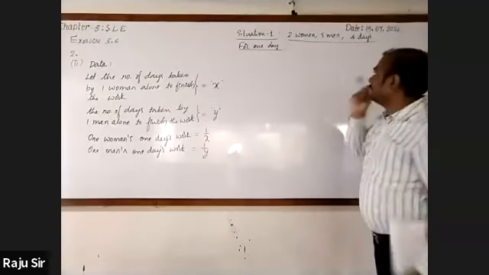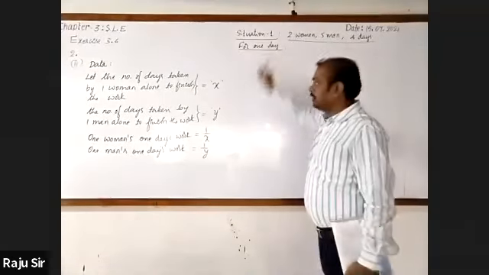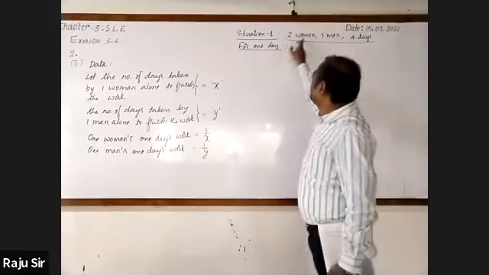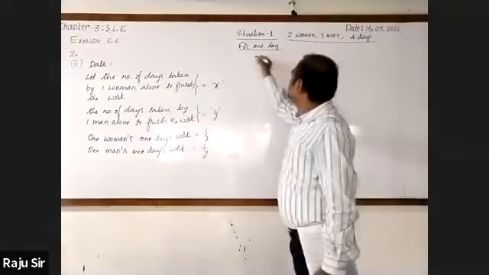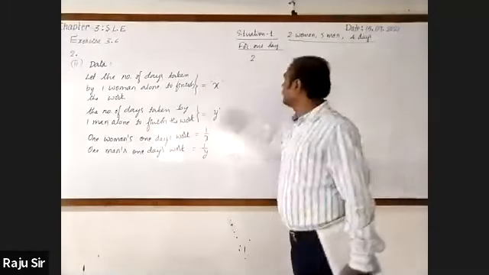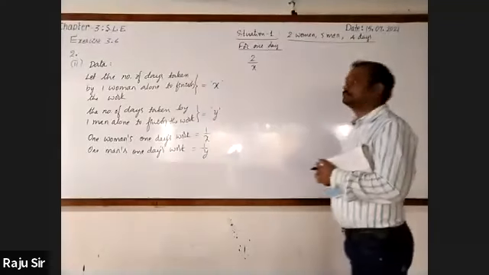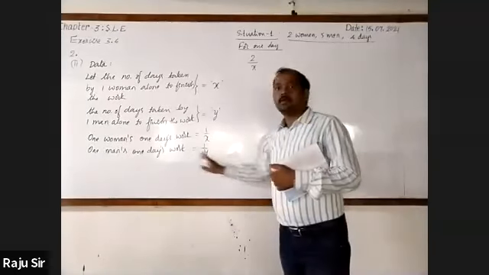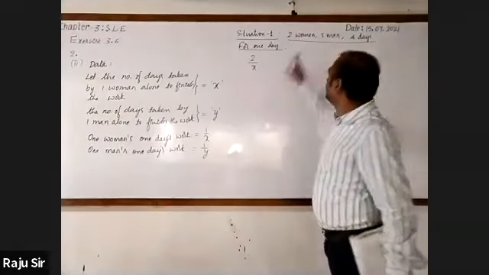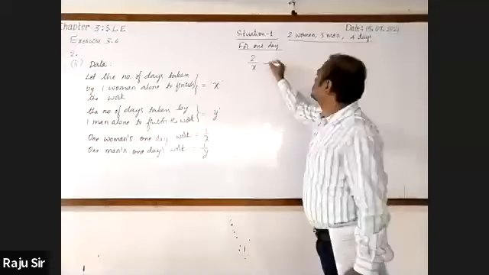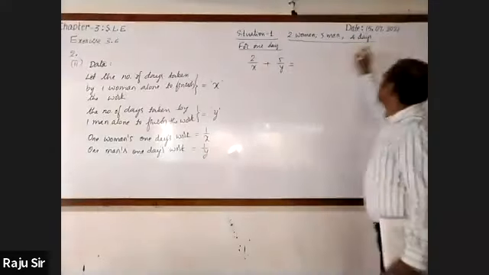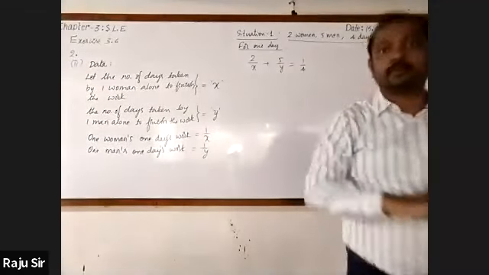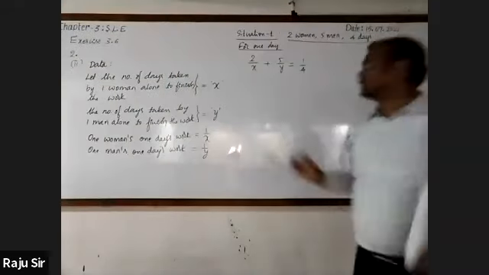The work done by 2 women in 1 day: one woman's 1 day's work is 1 by x, so 2 women's is 2 into 1 by x, nothing but 2 by x. One man's 1 day's work is 1 by y, so 5 men, it is 5 by y. Total number of days is 4, so out of this, 1 day, it is 1 by 4. And this is the first equation.